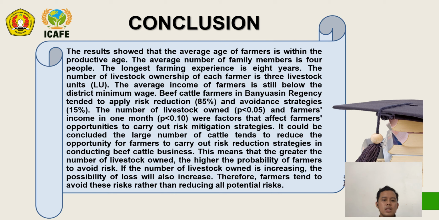This means that the greater the number of livestock owned, the higher the probability of farmers to avoid risk. If the number of livestock owned is increasing, the possibility of loss will also increase. Therefore, farmers tend to avoid this risk rather than reducing all potential risk.